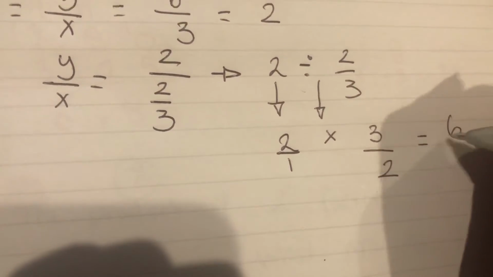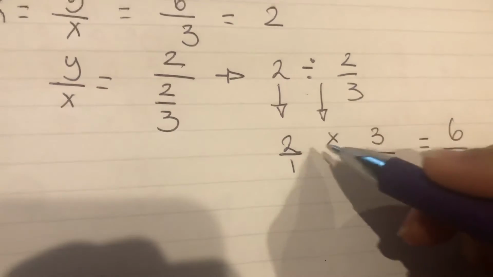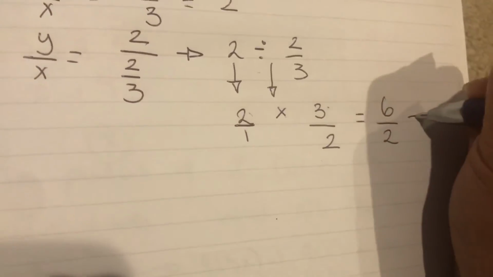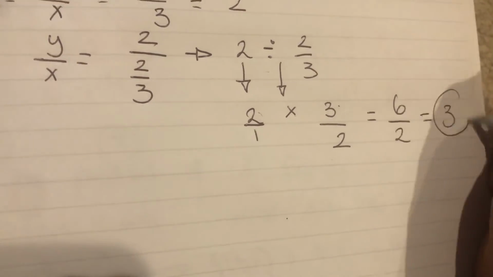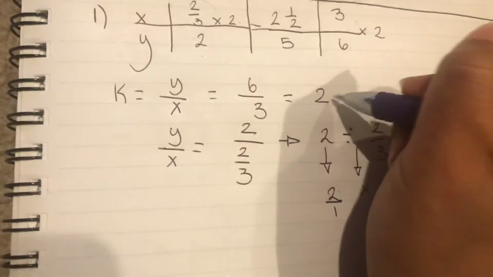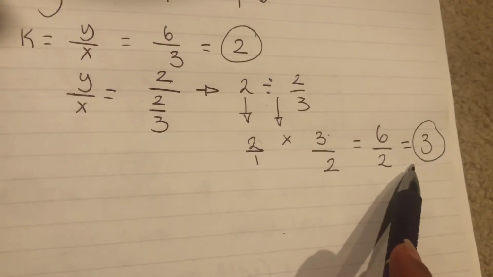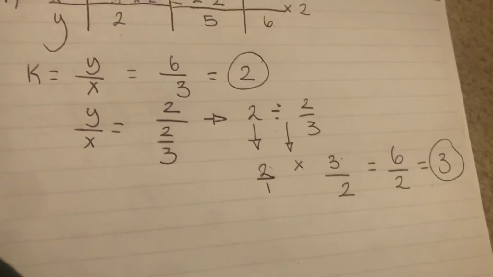That gives me 6 divided by 2, because 2 times 3 is 6, 1 times 2 is 2, and you get 3. So here, for the last ratio, the constant is 2. Here, the constant is actually 3. So that's one way to go about it.